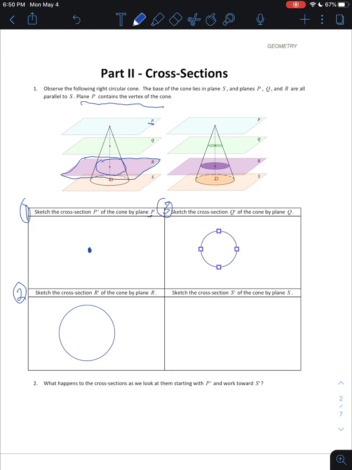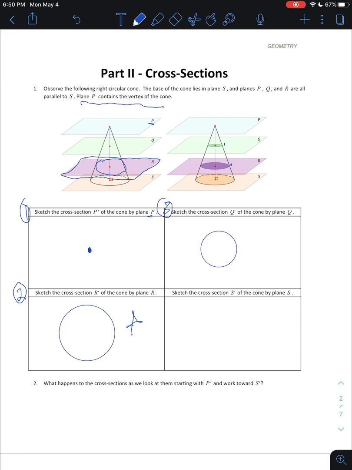So you see how that circle here is smaller than the one over here, right? Because it's from a higher part of the cone, a smaller part of the cone. The radius right up here is going to be smaller than the radius down here, right? The area of the circle up here will be smaller than the area of the circle down there.